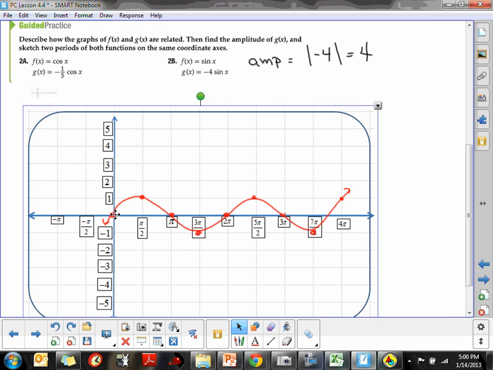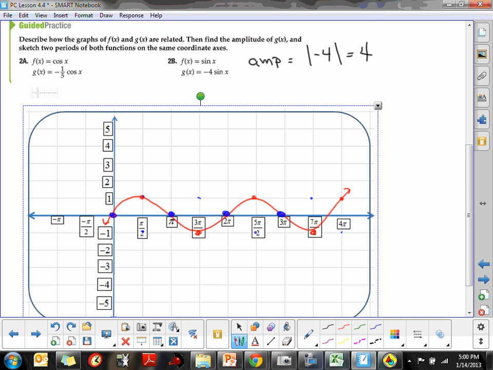Now we're going to do an amplitude of 4, and this is a negative 4, so it's supposed to reflect. All the points that are high are going to come down. If it was just a true reflection, these points would come down, this point would come up, this point would come down, this point would go up, and your zeros are not going to change. These zeros are going to stay in position. No matter what you do, when you multiply times 0, it stays 0.